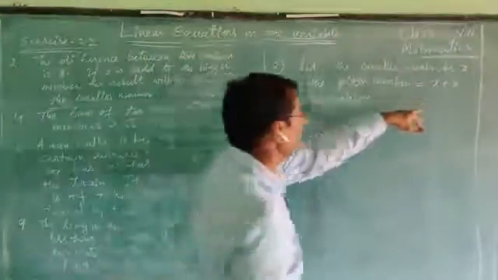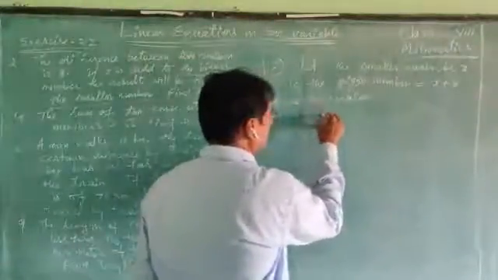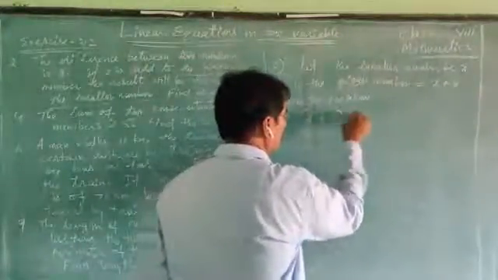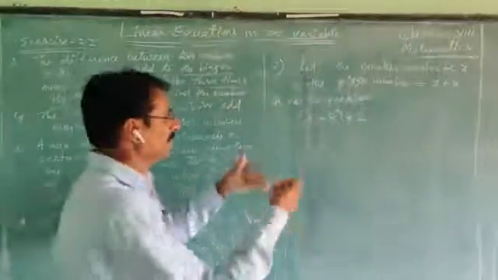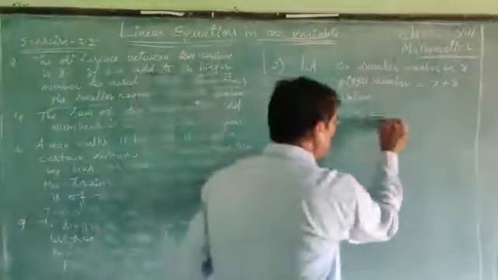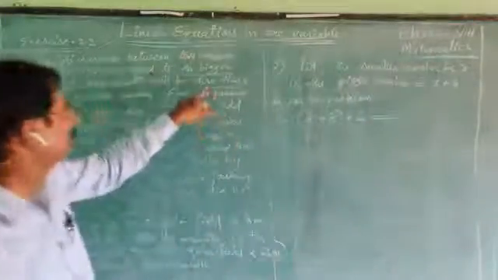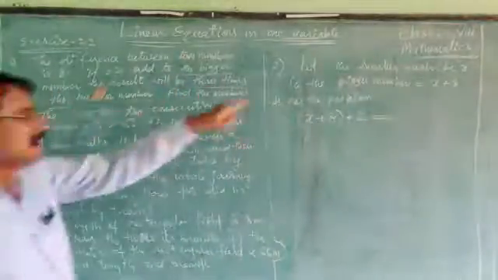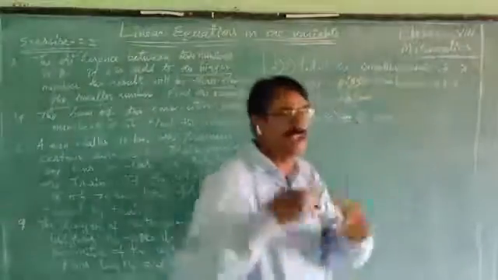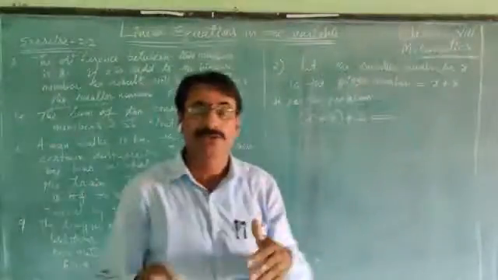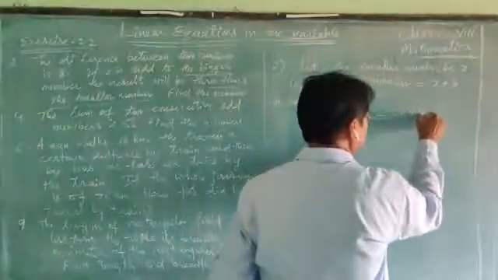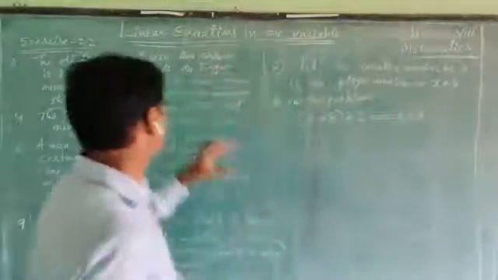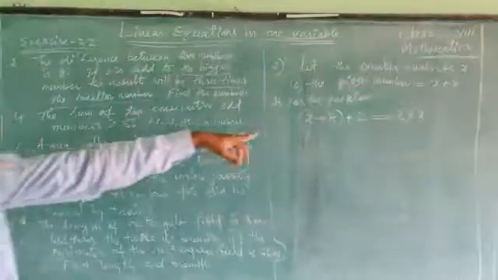What is the bigger number? x plus 8. If we add 2 to that bigger number, the result is equal to 3 times the smaller number. We already know the smaller number is x. 3 times means 3 into x.